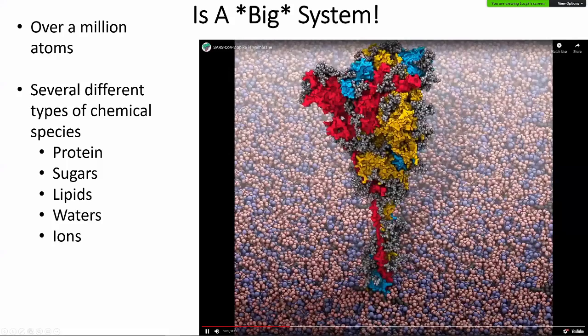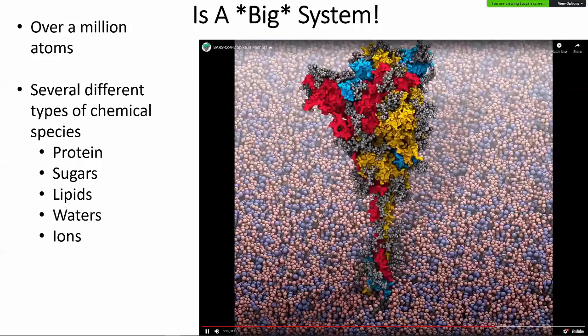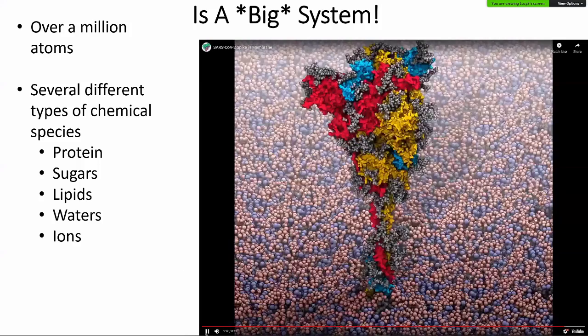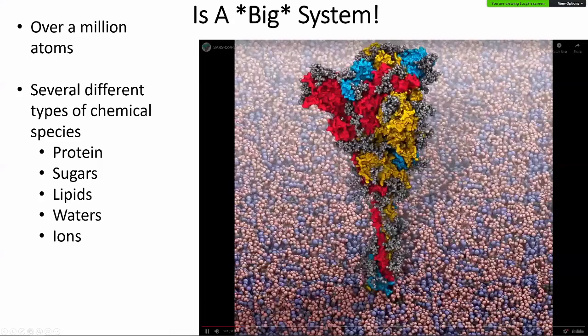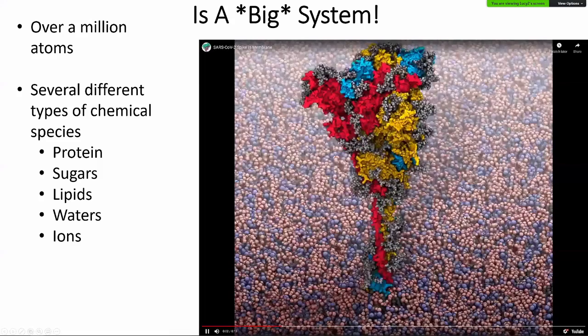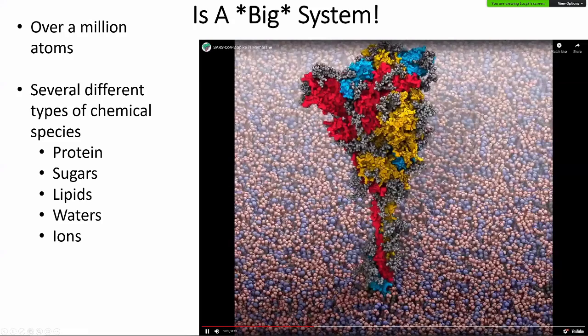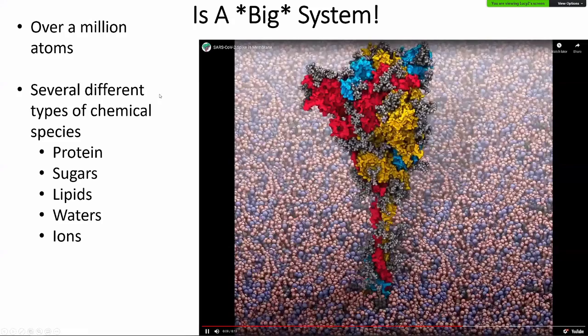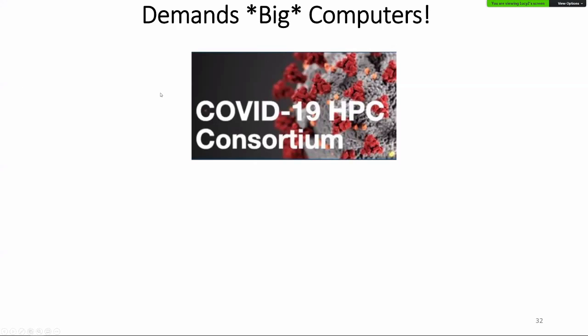If I showed the water, that's all we would be looking at. So it's kind of unseemly, but it's there, I promise. Then in that water, we have ions, right? Salt to mimic experiments. So there's a lot of different chemistry going on, and this is the culmination of a lot of different work from a lot of different people, and we've never really looked at a system this large. And experiments, as good as they are, can't see it all, right?